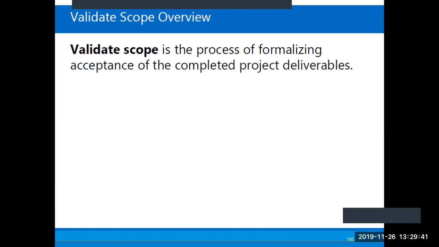Under integration, direct and manage project work is a process under execution. That process produces an output called deliverable. As work is being executed, of course, the deliverables come out.